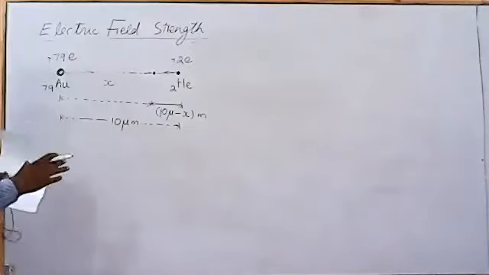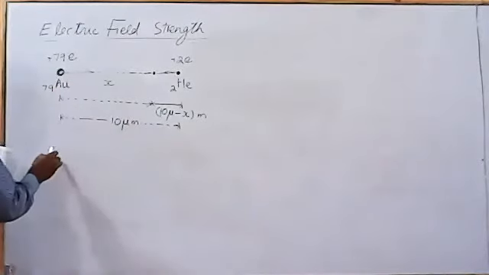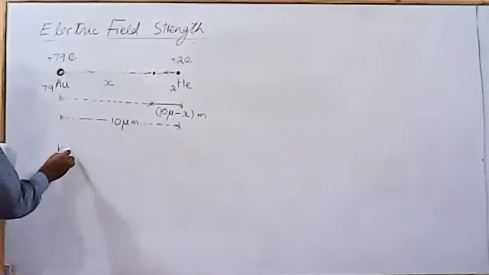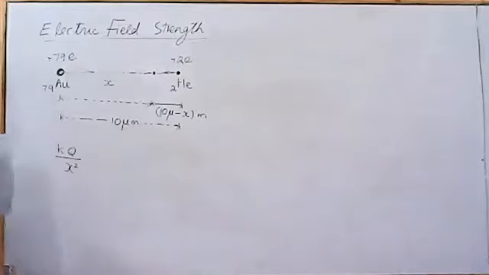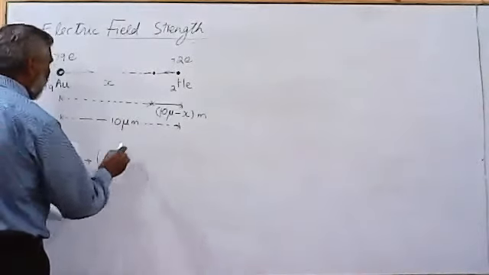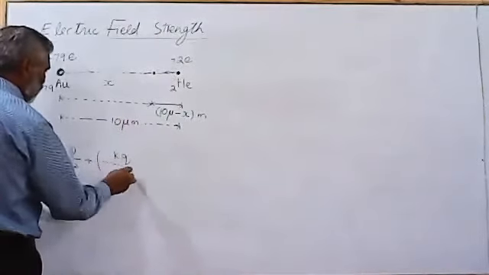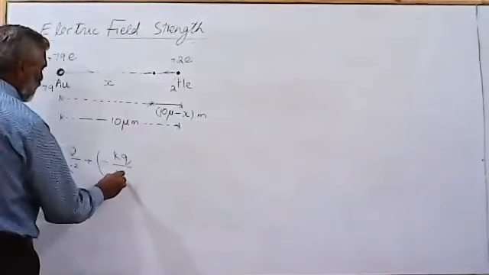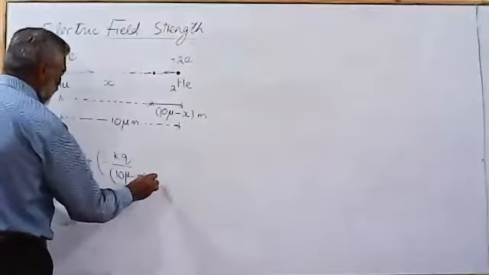Of course, the starting point is that electric field strength due to this is given by kQ over x square. And when it is algebraically added to the electric field due to this, this is minus kq over (10 micrometer minus x) whole square.